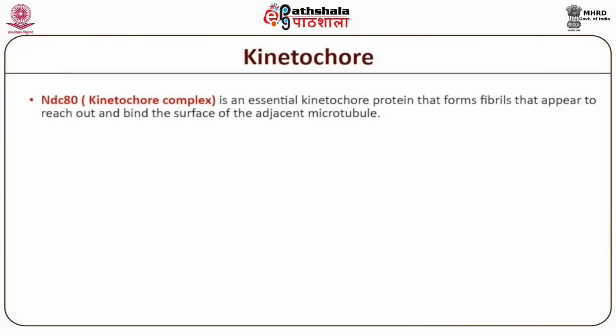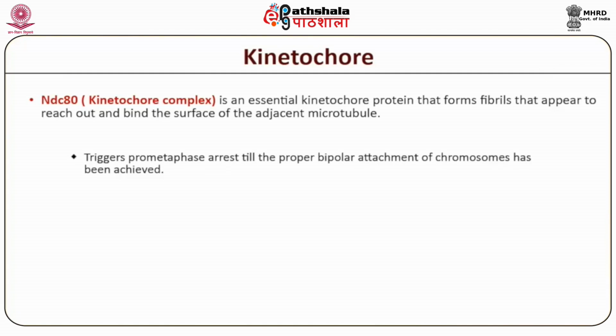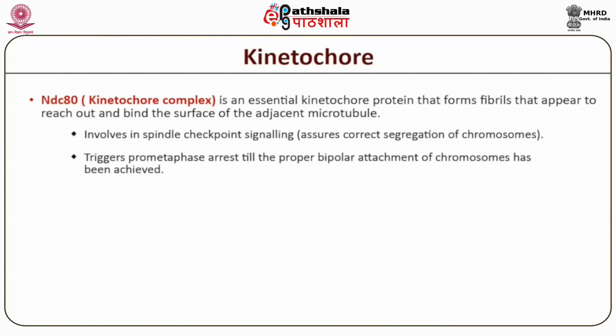The NDC80 kinetochore complex is an essential kinetochore protein which binds the surface of adjacent microtubules by forming fibrils. If the chromosomes are not properly attached from both the poles, it can trigger prometaphase arrest. So, basically it is involved in spindle checkpoint signaling.